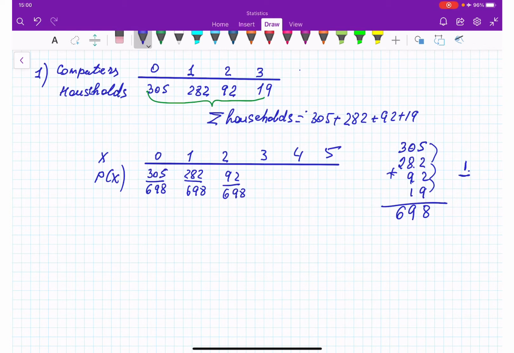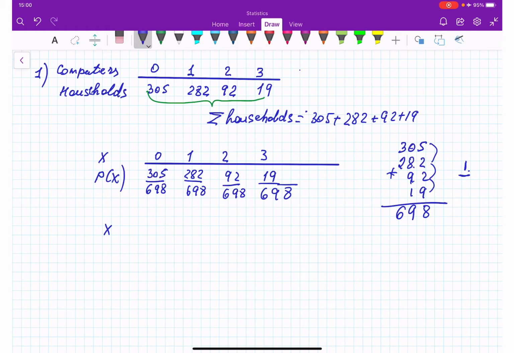Let me see, I thought I have 5 of them. It's changed. Okay, so then we have only 3. It's going to be easier. Then it's better. Yeah, because previously I opened, there were 5 of them. That's fine. And we have 19 over 698.